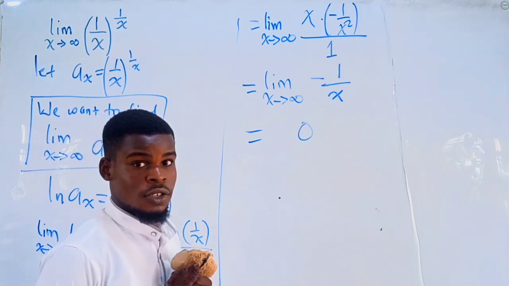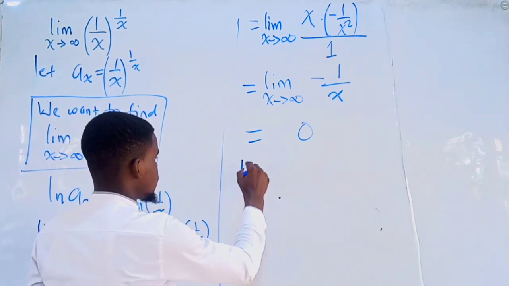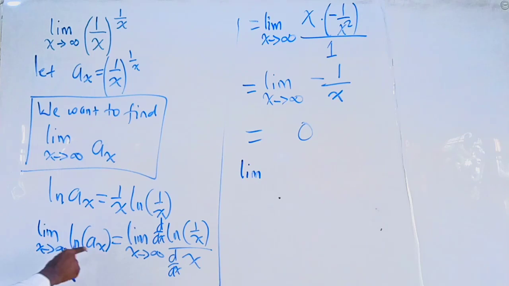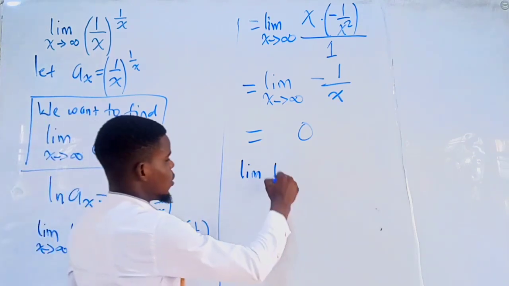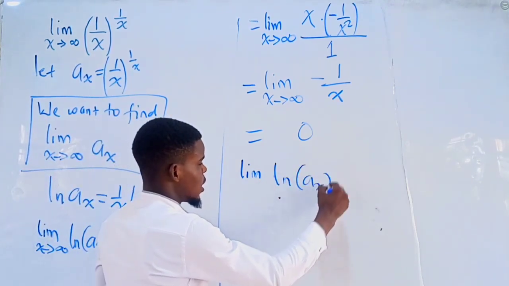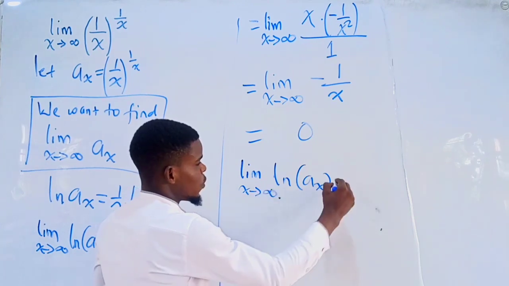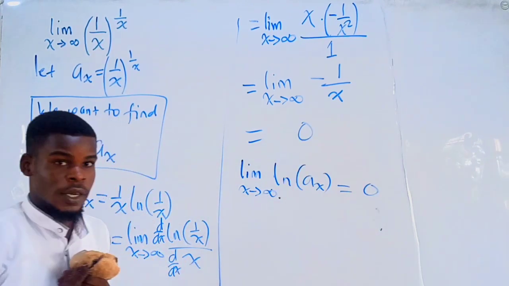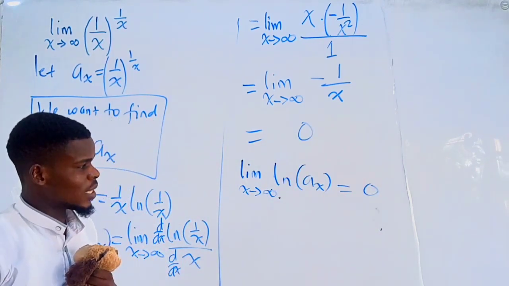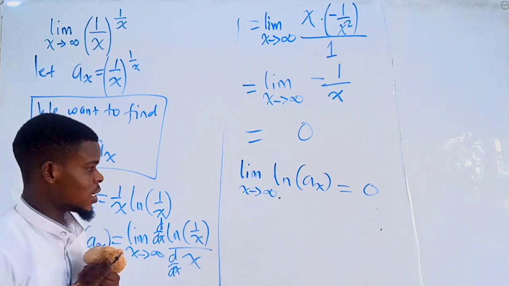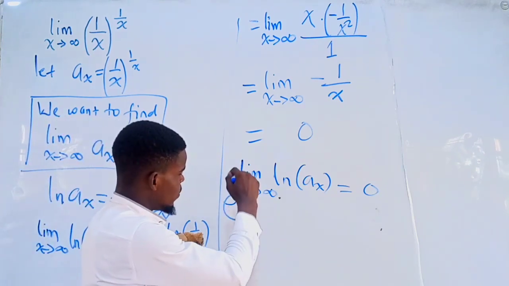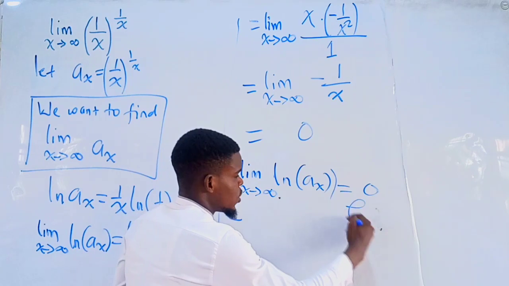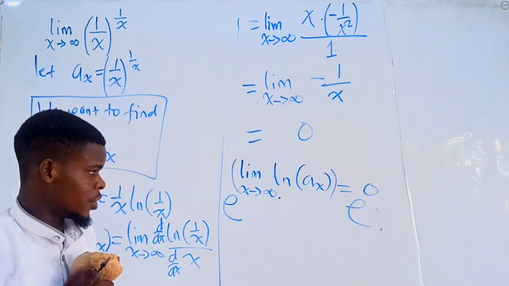So I'm going to draw a conclusion here. I'll say that the limit of ln of a sub x as x tends to infinity, of course, we notice that that is equal to 0. If we take e to the power of both sides, that would mean e raised to the power of that limit is e raised to the power of 0, because the limit is just 0.